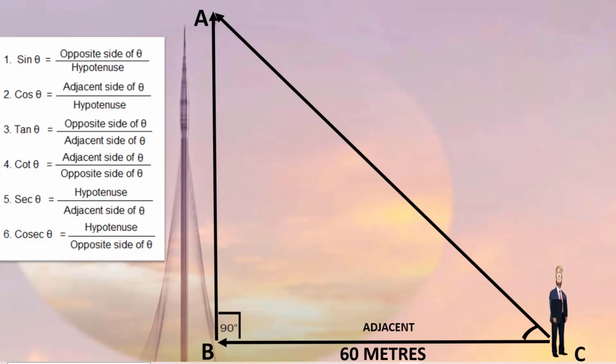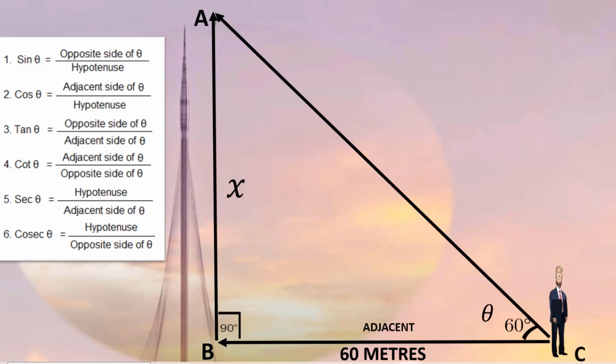It means the length of the adjacent is 60 meters. Now, let the angle BCA be 60 degrees. With this information, you need to find the height of the tower. Since we don't know the height, let it be x.